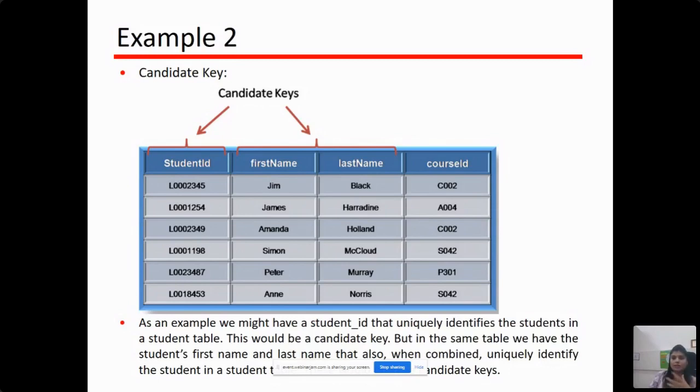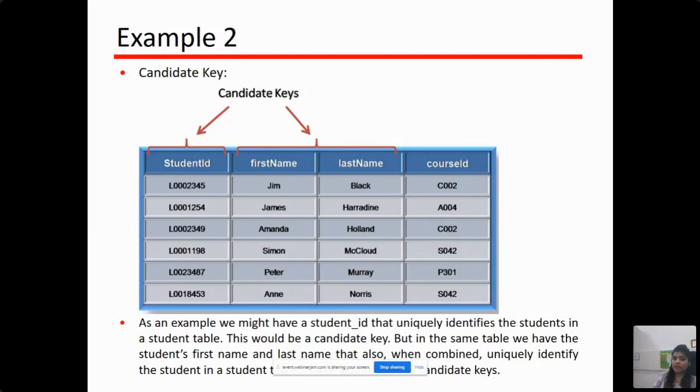If I say C002, which student is studying in C002? There are many students who have this course ID. So either I need to know the student ID, or the combination of first name and last name.